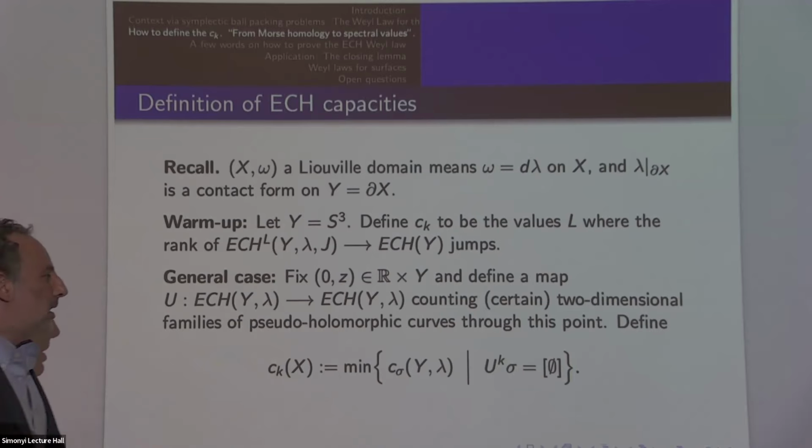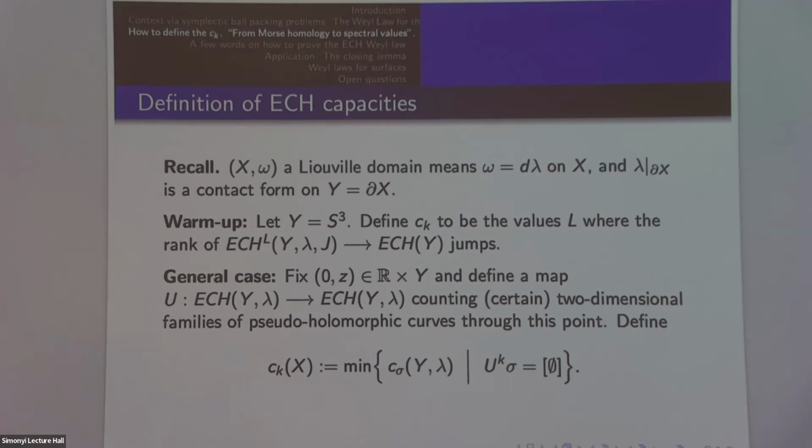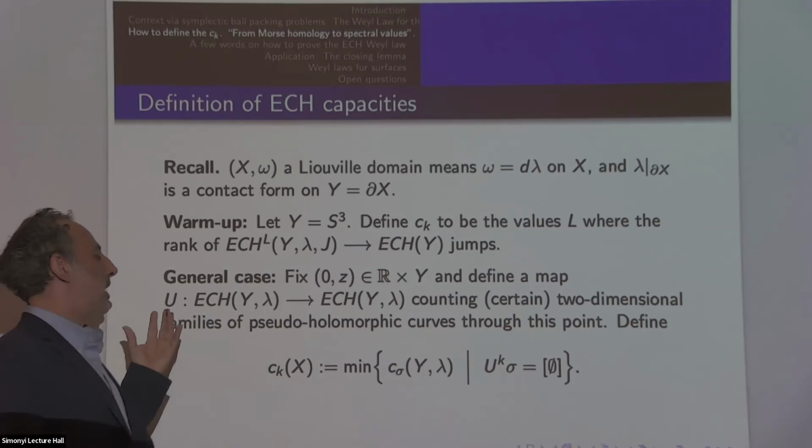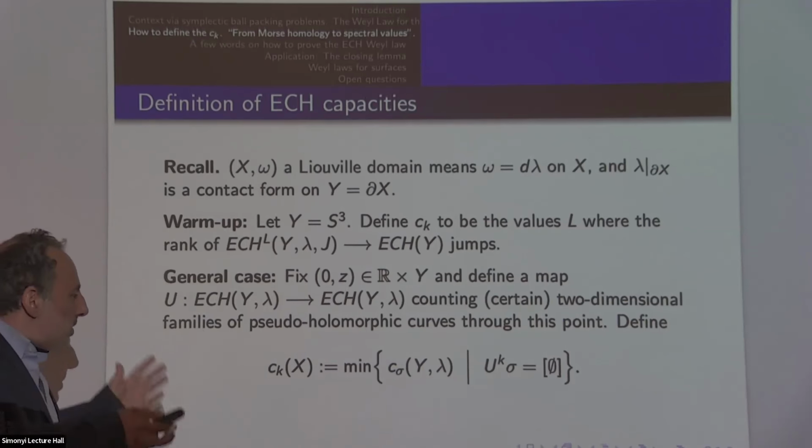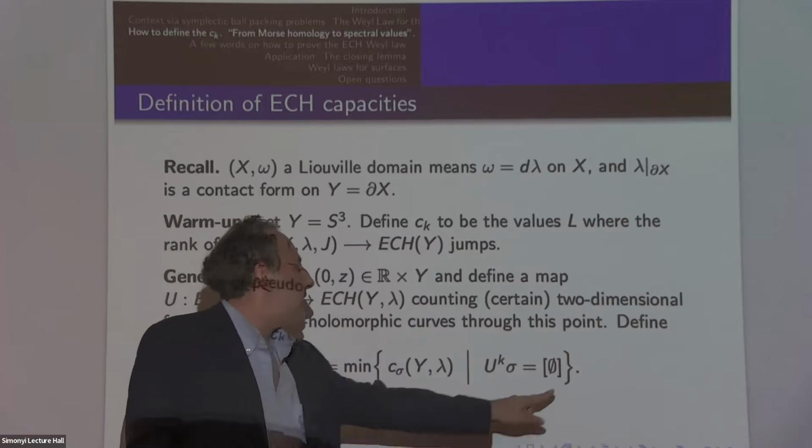And there's a nice way to do this because there's some additional algebraic structure on ECH, the so-called U-map, which counts two-dimensional families of pseudo-holomorphic curves passing through a chosen point. So you get this wonderful structure, the U-map. It decreases the grading by 2. We didn't really talk much about the grading, but anyways, there is also a canonical class, which is the class of the empty set.